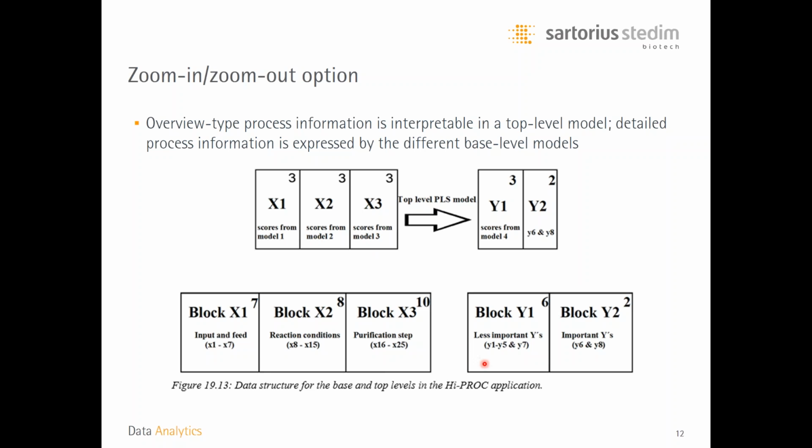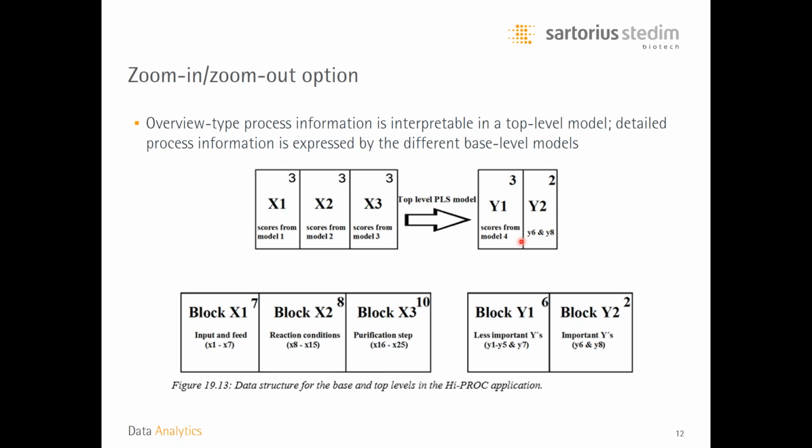On the Y side, there is a distinction between 2 very important Y variables that have the labels Y6 and Y8, and then there are 6 Y variables that are less important, that are actually compacted a bit using a local model for that subset. We are then going up to the top level with scores for the PSA model of that block, and alongside those score vectors we are actually reusing the original Y and important Y variables.